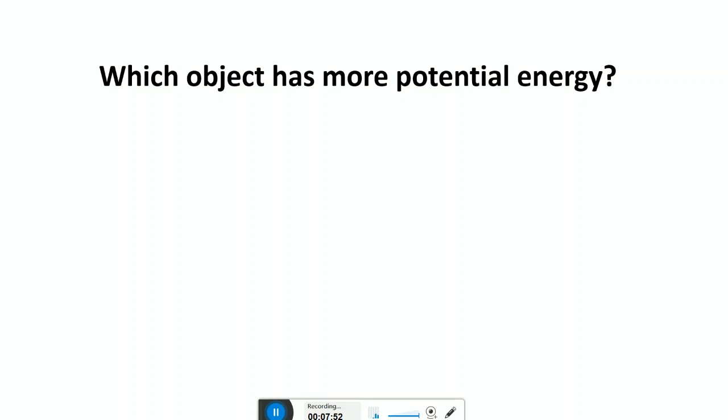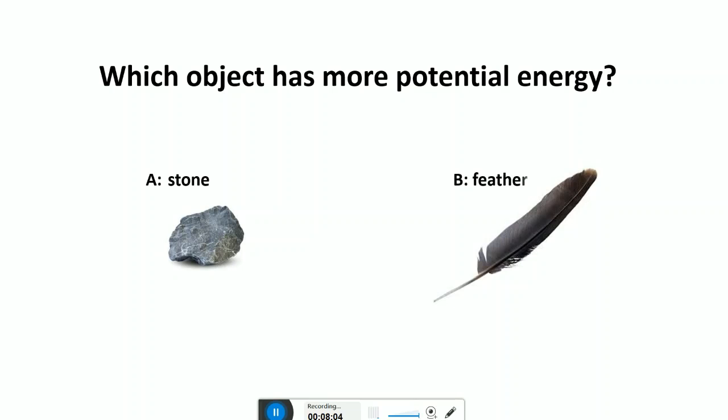We have a question: which object has more potential energy? Objects are given here. Object A is a stone and object B is a feather. Out of these two, which object has more potential energy?